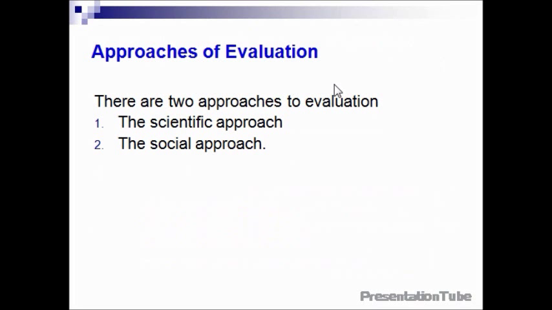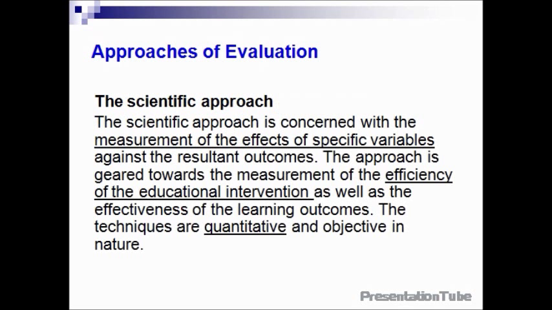Approaches of evaluation. We have two main approaches of evaluation: the scientific approach and the social approach. The scientific approach is concerned with the measurement of the effects of specific variables against the resultant outcomes.